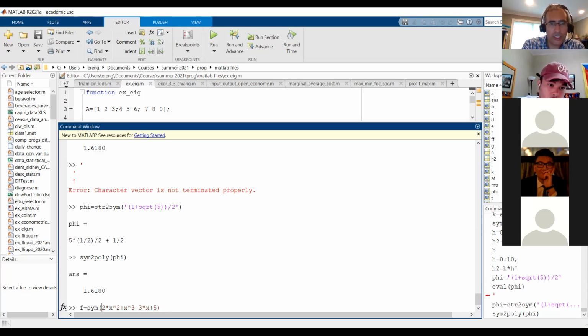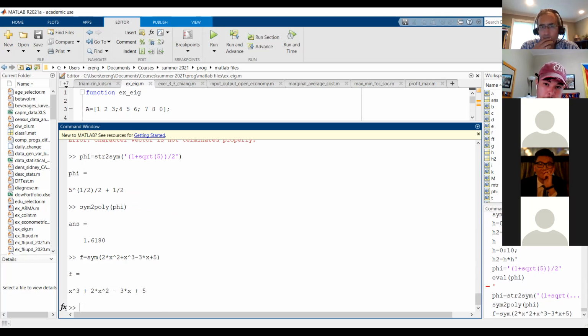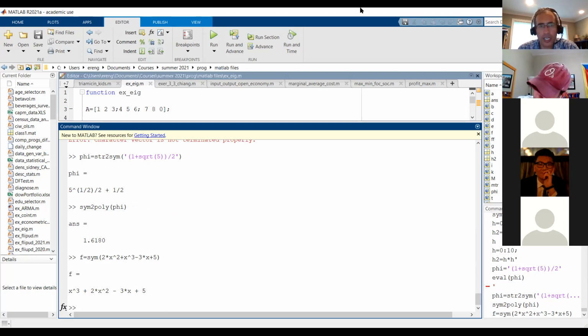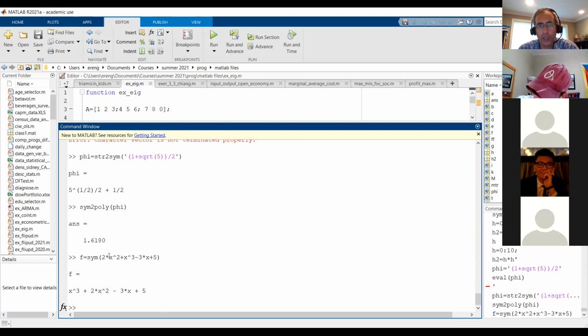Remember, symbolic doesn't need the multiplication operators. First thing to realize, guys: I put x squared first before x cubed on purpose. When you do the sym, MATLAB already organizes this in decreasing order in the polynomial.